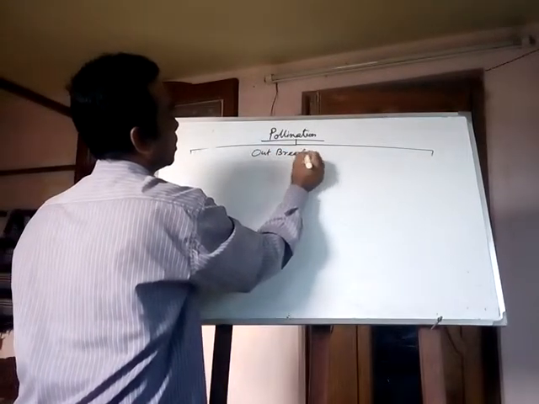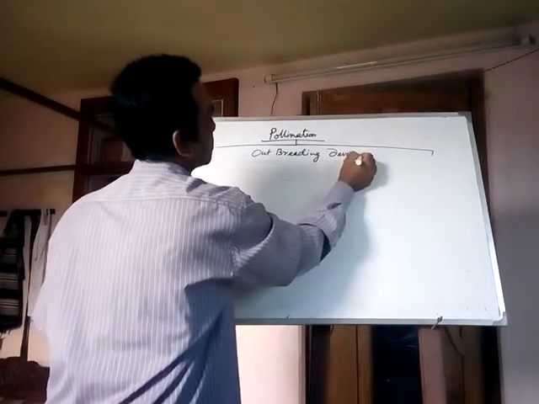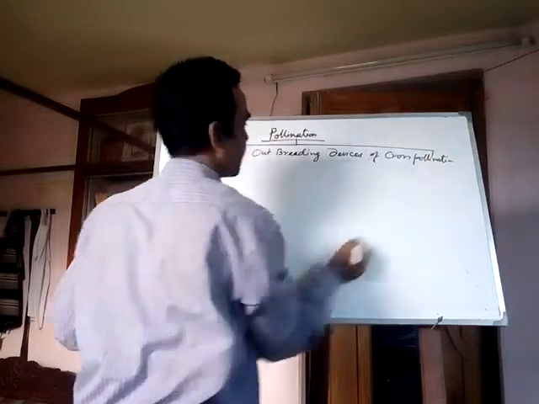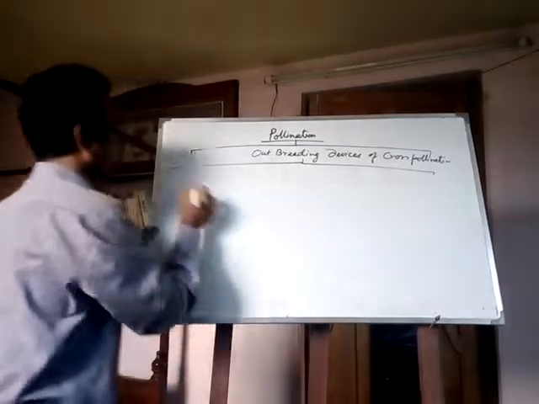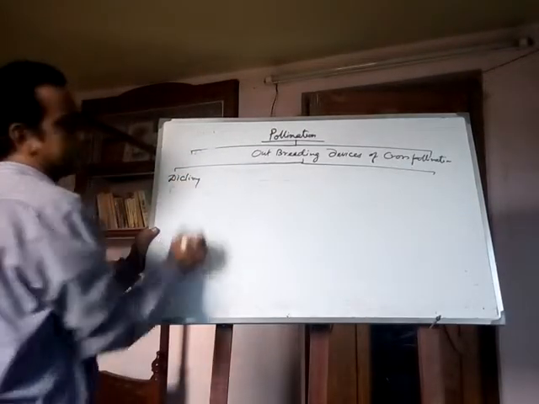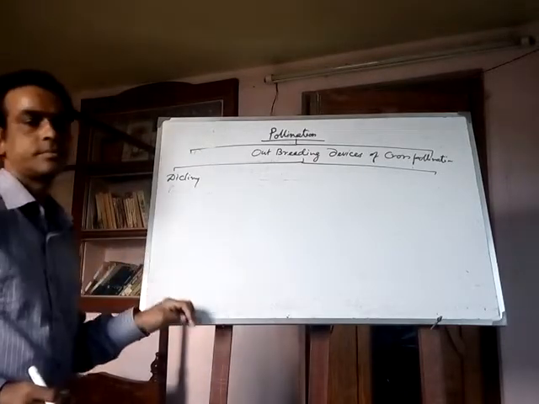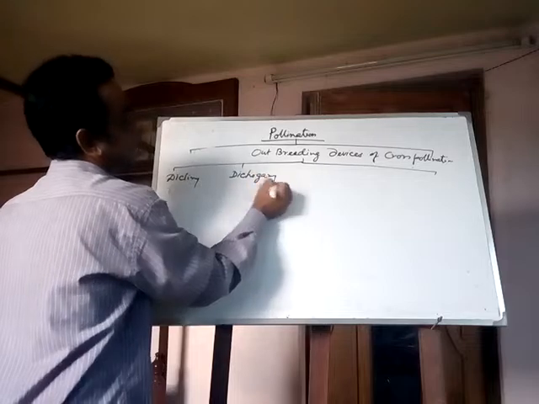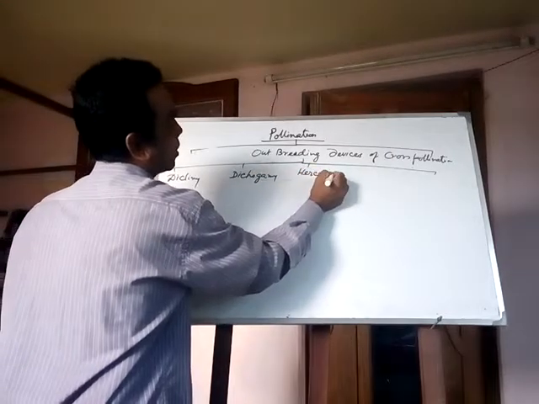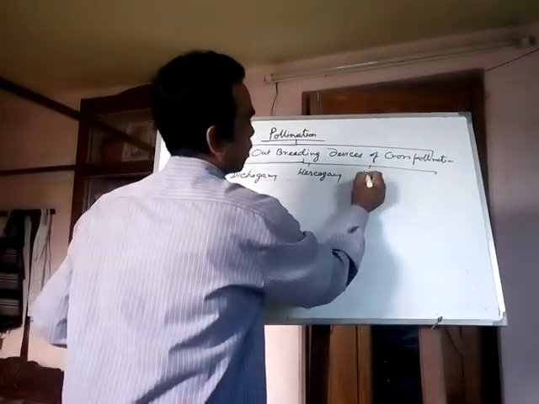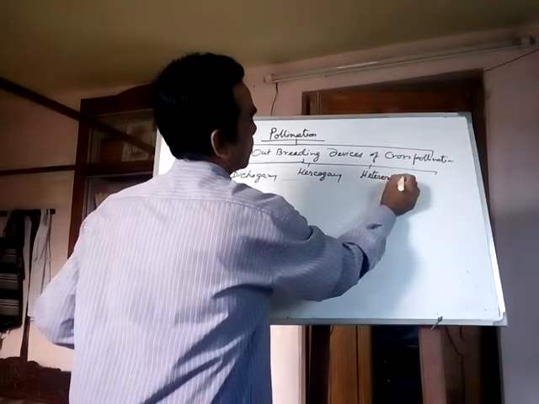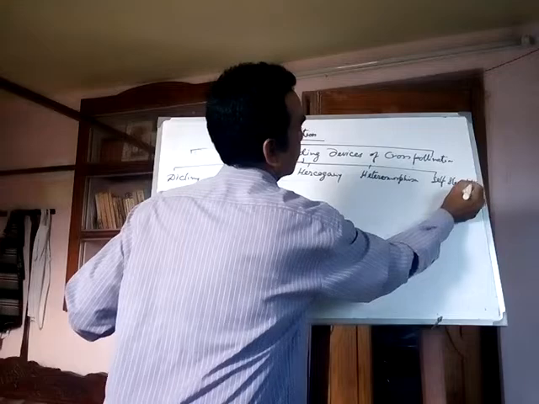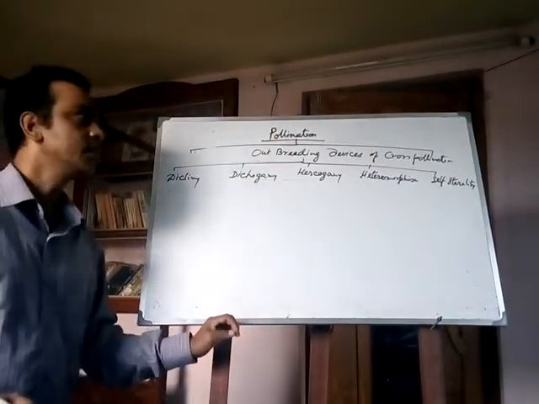The outbreeding devices of cross-pollination are diclinism, dichogamy, herkogamy, heteromorphism, and self-sterility. There are five types of outbreeding devices in cross-pollination.